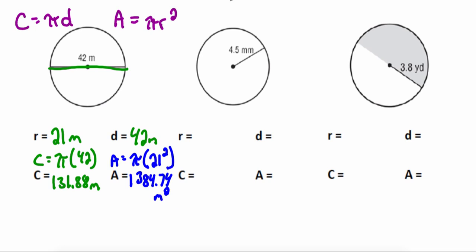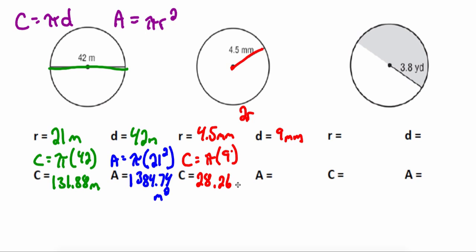So let's try the next one. 4.5 is my radius. It's half the way across the circle. Diameter is radius times 2, so 2 times 4.5 is 9 millimeters. Circumference is pi times the diameter, 9. So 3.14 times 9 is 28.26 millimeters.